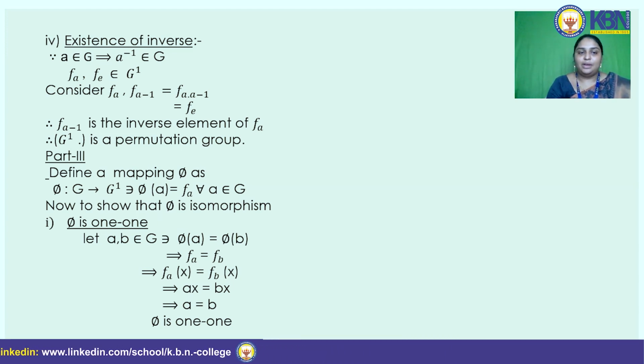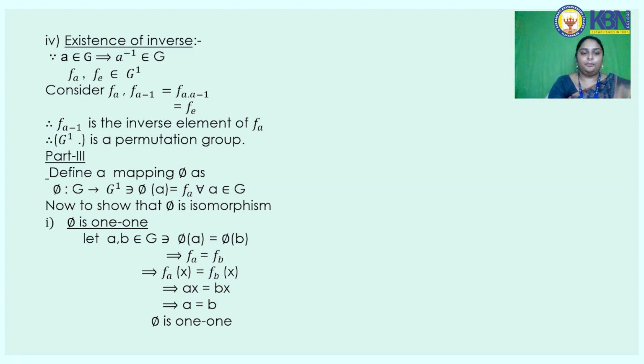Now step by step we are going to prove that phi is an isomorphism from the set G onto G'. First one is phi is 1-1. To prove that phi is 1-1, we define the images with the mapping phi. For that purpose, we are taking the elements a, b in the set G such that phi of a is equal to phi of b. By the definition of phi, we can write phi of a as f_a, which is equal to, similarly, phi of b as f_b. And here f_a and f_b both are the permutation mappings. So considering the elements on both sides, we get f_a at x is equal to f_b at x.